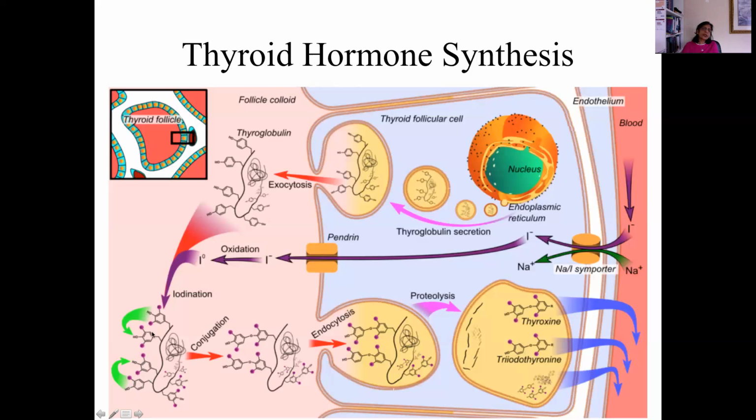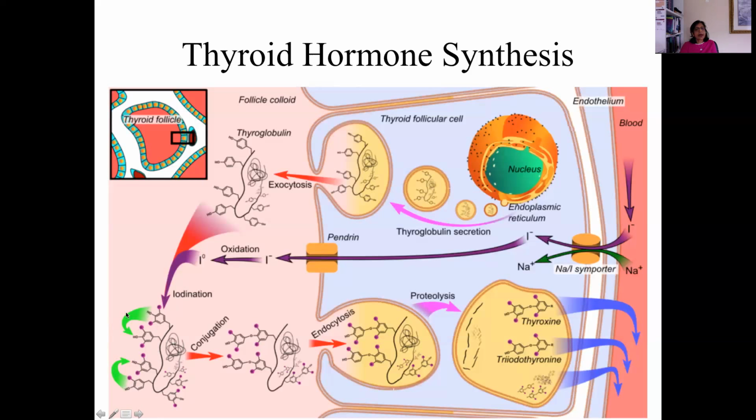All right, so T4 and T3 are shown being attached to thyroglobulin. Here is another T3. No, this is T4 because you have four iodines. So let's talk about the hormone being attached to protein.